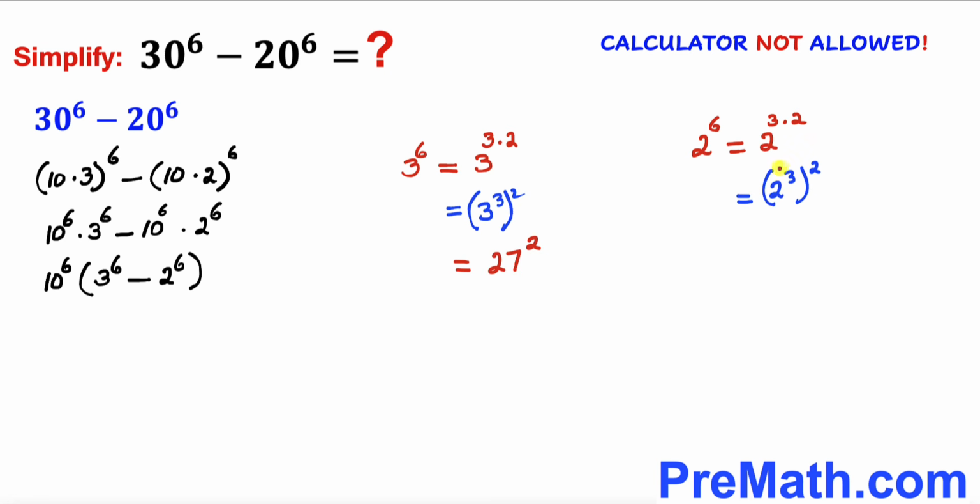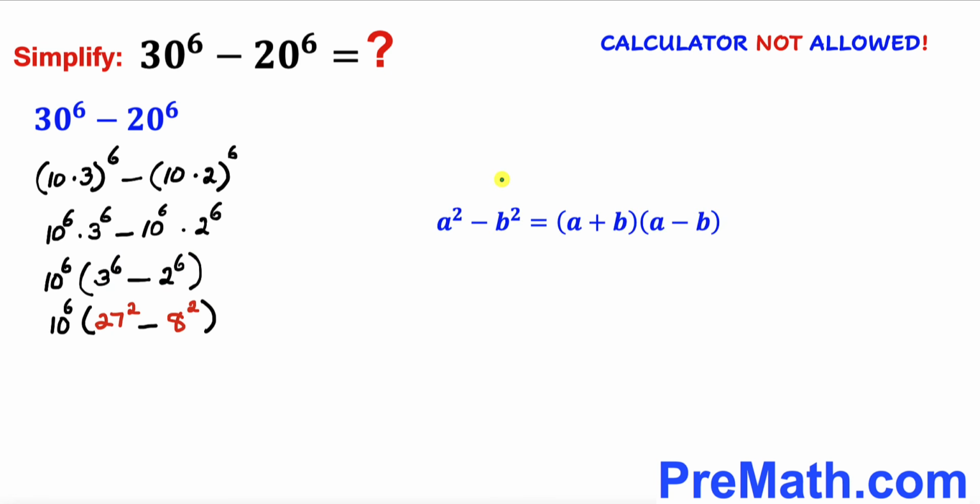Now let's focus on 2 power 3. 2 power 3 is always equal to 8. So 2 power 6 turns out to be 8 power 2. So I'm going to replace 3 power 6 with 27 square over here, and likewise 2 power 6 with 8 square, as you can see in this next step.